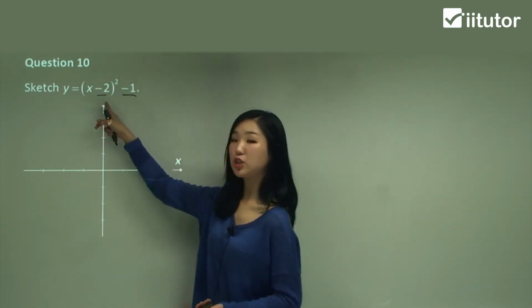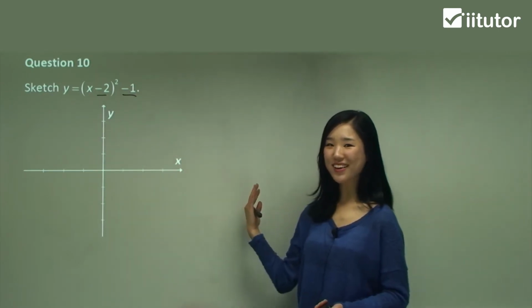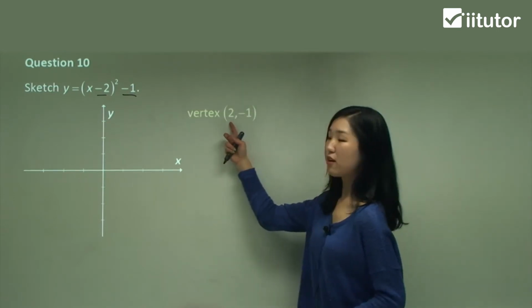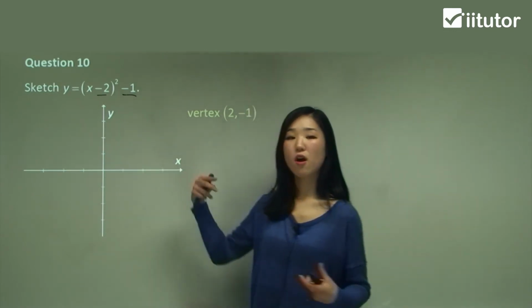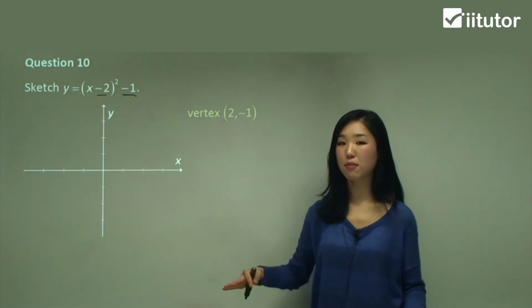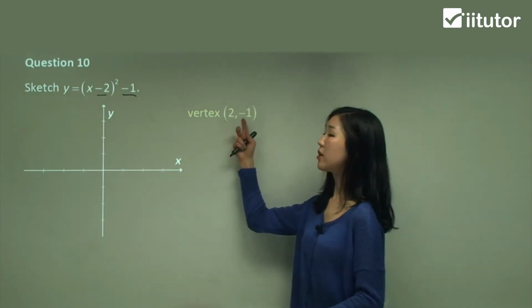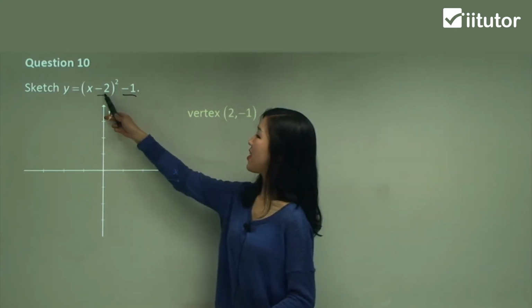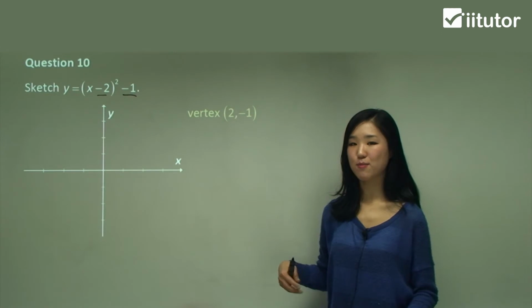Because we're subtracting 2, we know that we're shifting to the right again, which is the positive direction. So the vertex x is going to be positive 2. Now, if we're subtracting 1 from the whole thing, we know that we're going down by 1, so the y coordinate will be negative 1. So that makes 2, that makes negative 1.